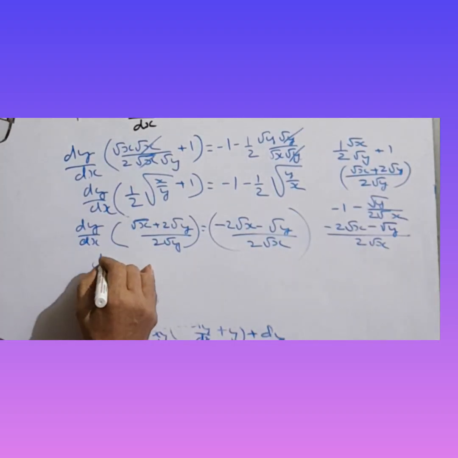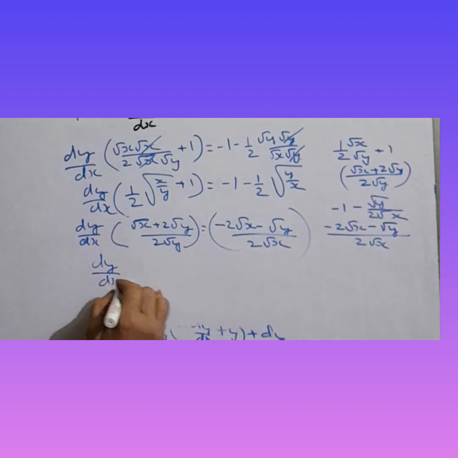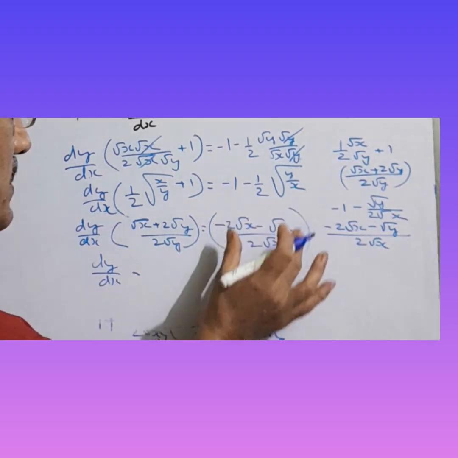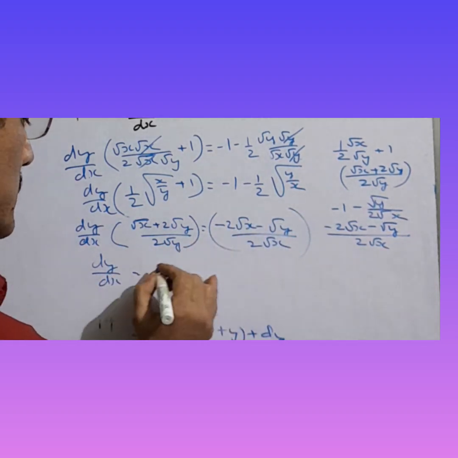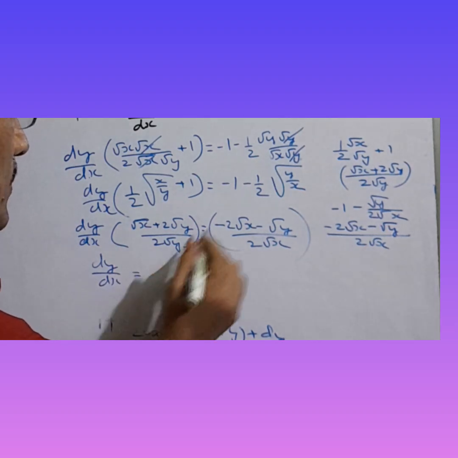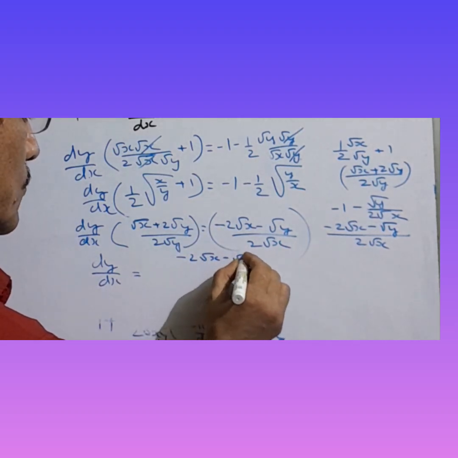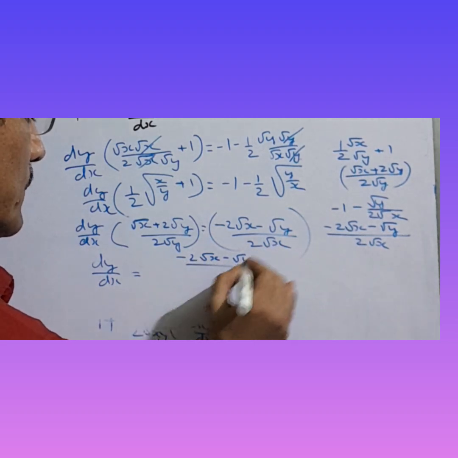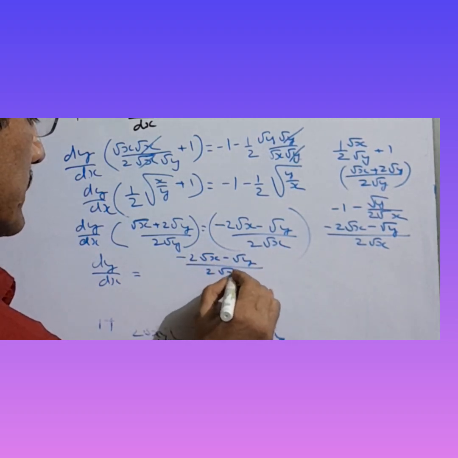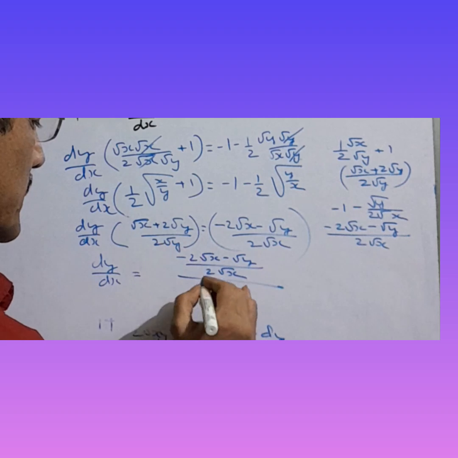So dy by dx is equal to this divided by this. So it is equal to, I will have to write it up, minus 2 root x minus root y upon 2 root x divided by this, we are taking down.